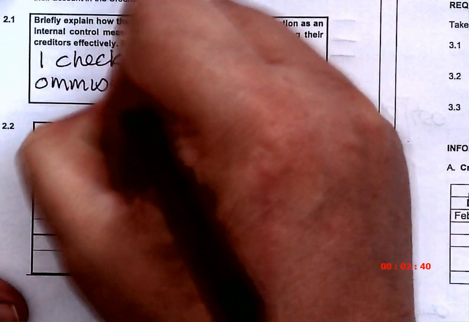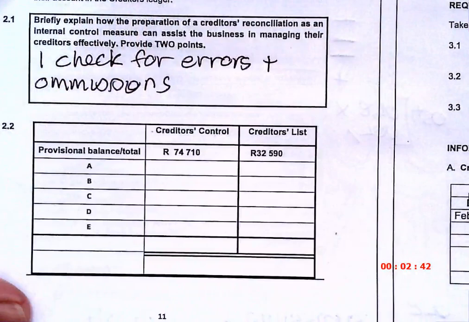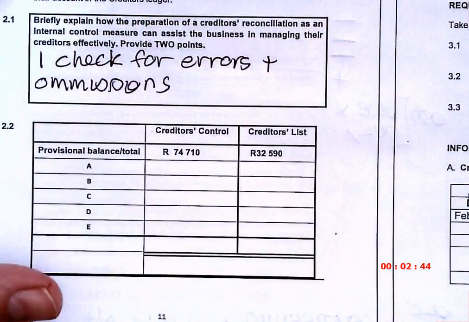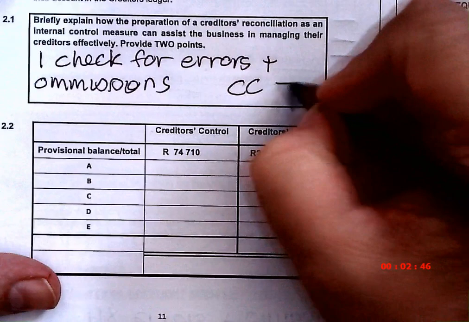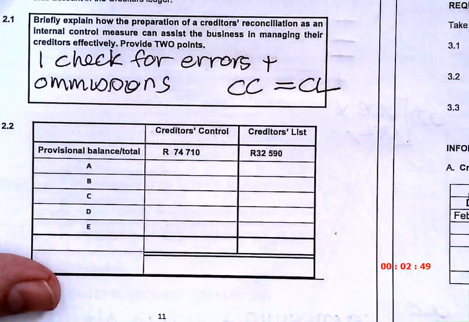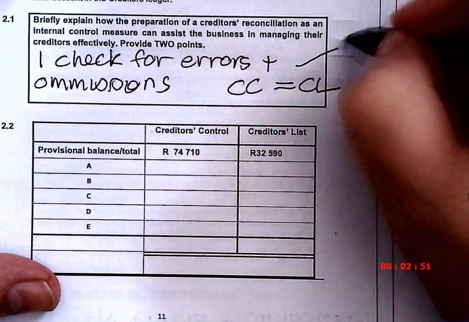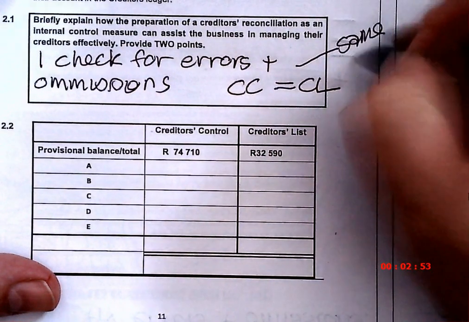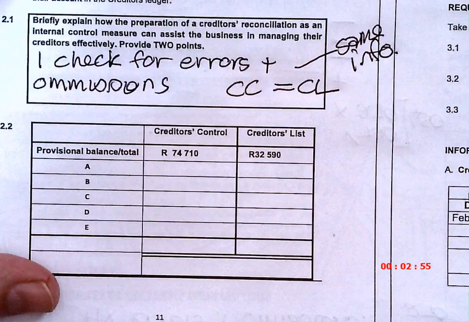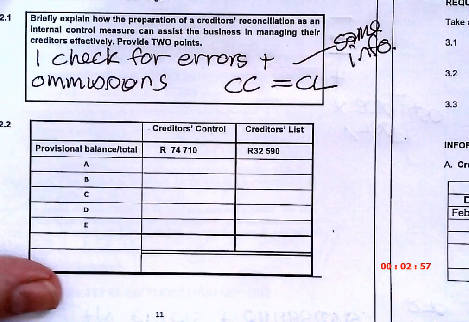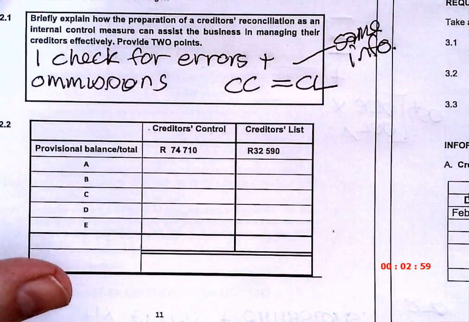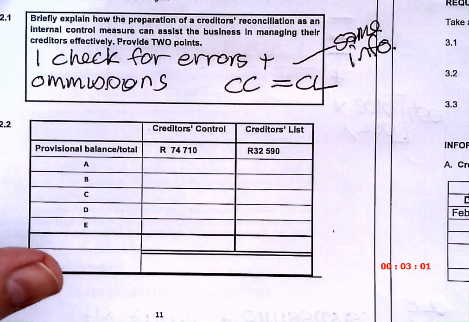Why? Because I must know that the creditors control is equal to the creditors list. Why? Because they use the same info. It's the same persons. The one is just the total and the other one is per person. So they have to be the same.